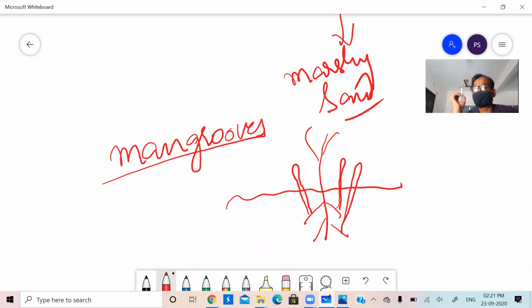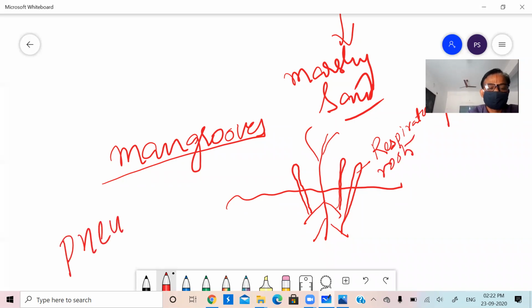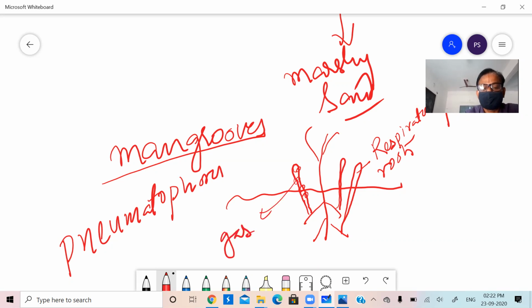These are called respiratory roots, also called pneumatophores. These pneumatophores have small pores, through which gaseous exchange takes place.